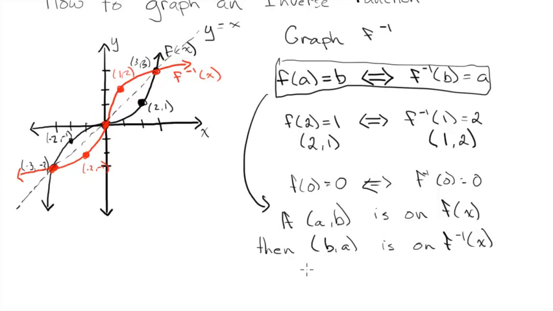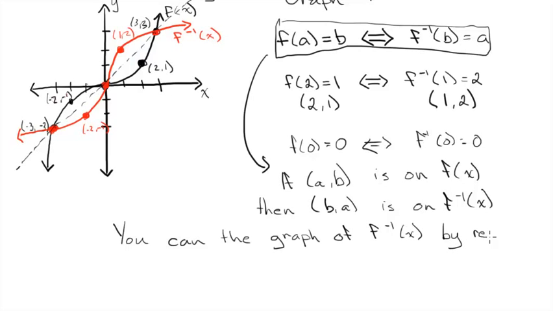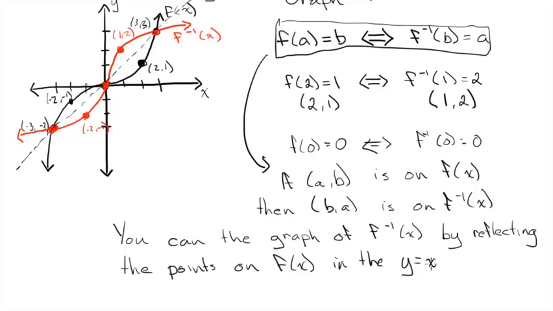So what you could write is that you can get the graph of f inverse of x by reflecting the points on f of x in the y equals x line.